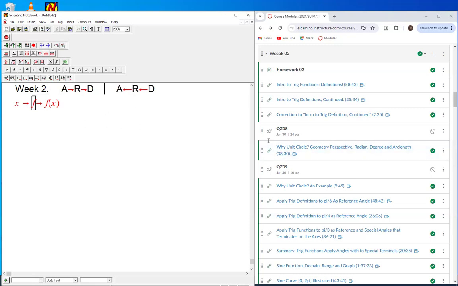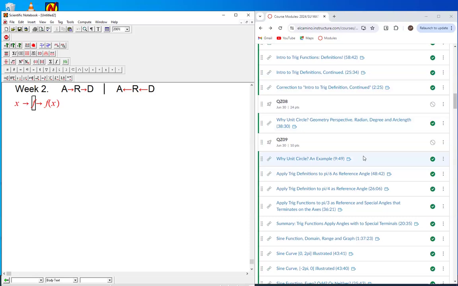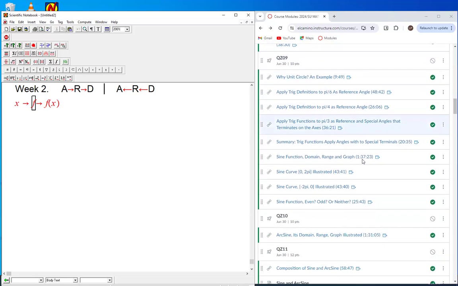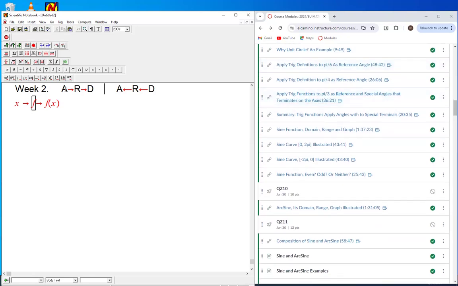How so? We first introduce a definition, and we talk about the importance of the unit circle, why the unit circle, and apply the definition. So all of this at the beginning is an A to D. Apply trig definition, pi over 6, that's A to D because you know the angle.